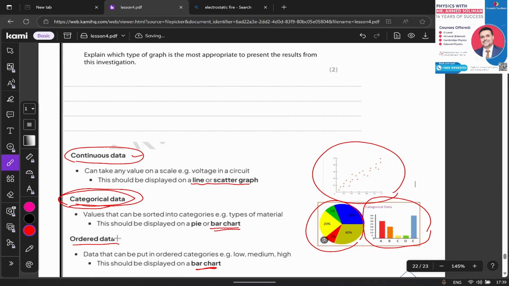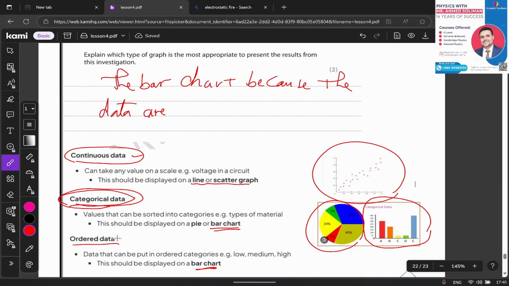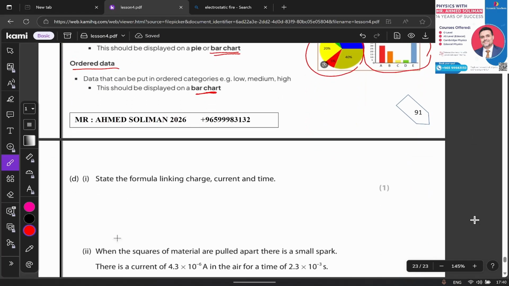The bar chart. Because the data is what?